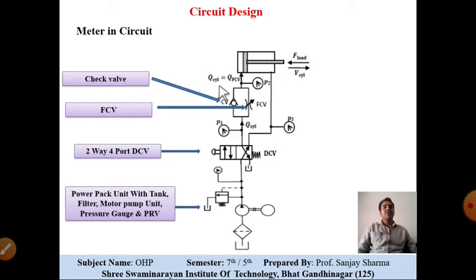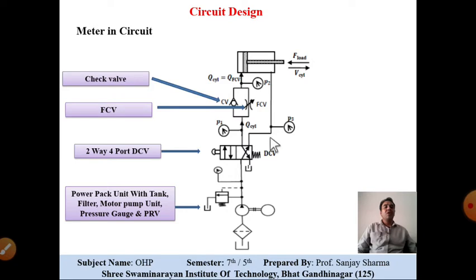So here you can see Q cylinder, so both the pressures are equal. The pressure entering the flow control valve should be equal to the flow out. Now if this equality changes, if this reduces or increases, accordingly the speed of the piston of the cylinder or actuator increases or decreases.